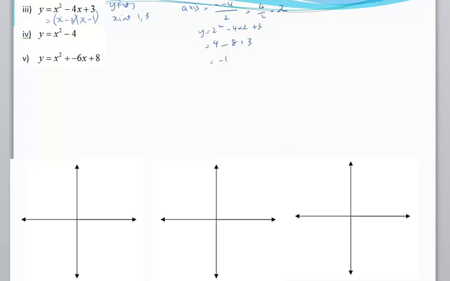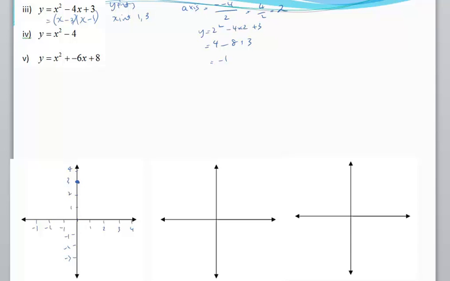So here we draw this onto our scale. We've got our x-intercepts at 1 and 3, so we're going to draw here 1, 2, 3, 4, and minus 1, minus 2, minus 3, and so on. So here we've got our y-intercept at 3. We cut through our y-axis at 3.